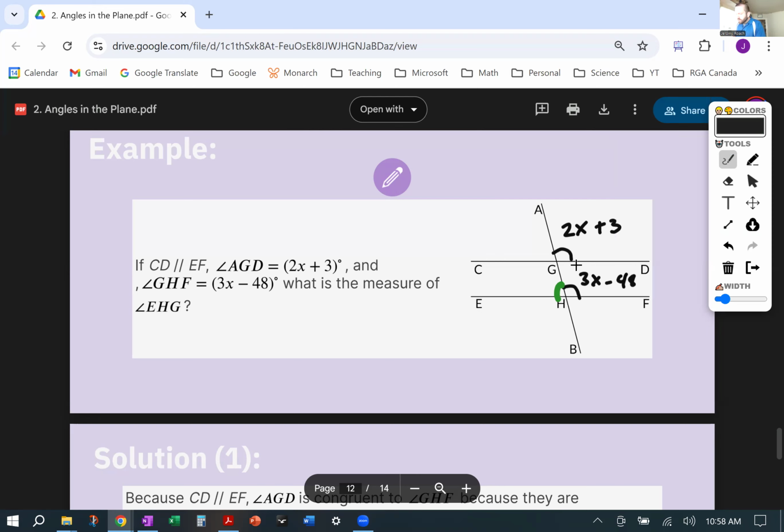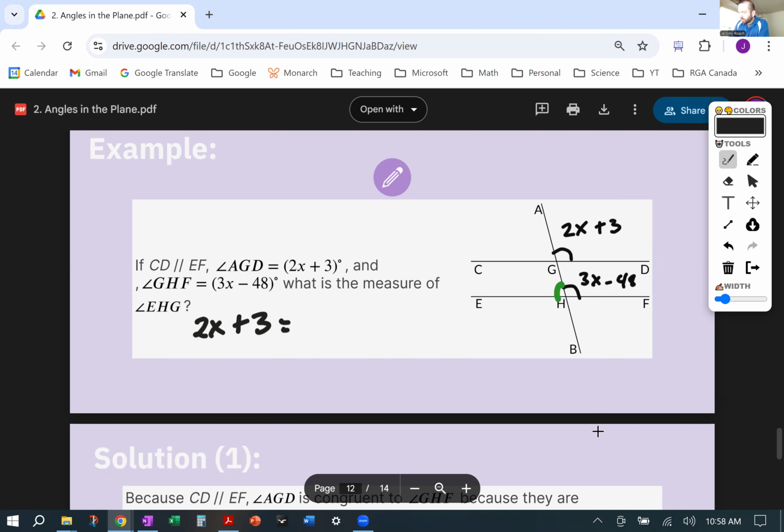With these diagrams, with the parallel line and the transversal, we either have an obtuse angle bigger than 90 or an acute angle smaller than 90. And these two are both bigger than 90. So because we have two angles that are bigger than 90, we know these are both obtuse, and we know that they both have to be equal. If that's easier for you to remember, that's great.